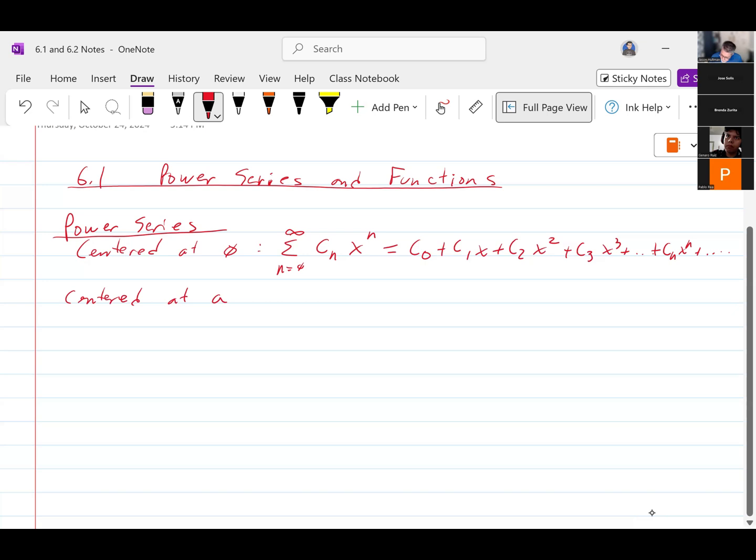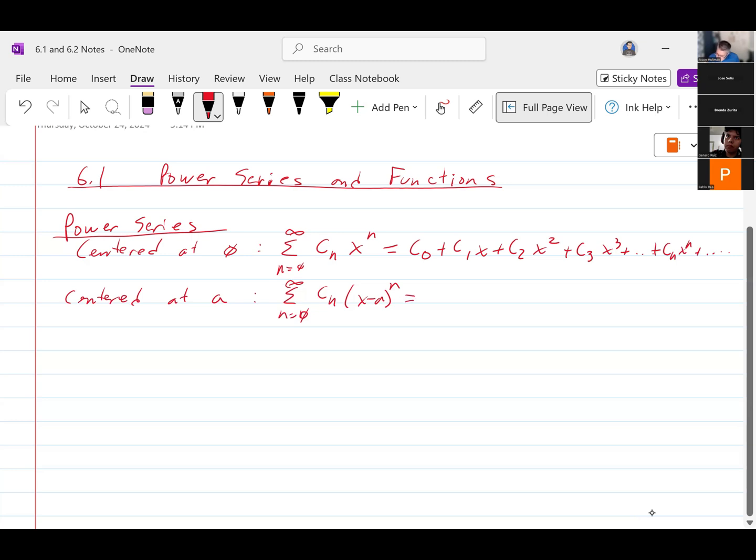at some value a other than 0, we have the summation n equals 0 to infinity of c sub n times (x minus a) to the nth power now.